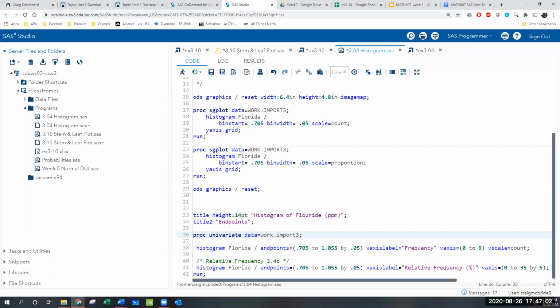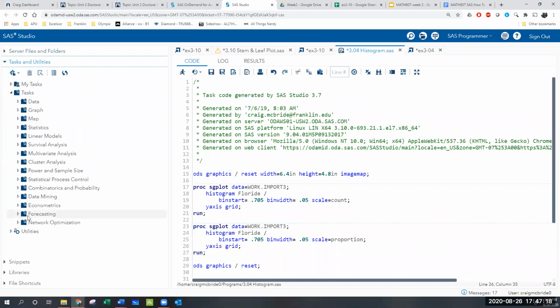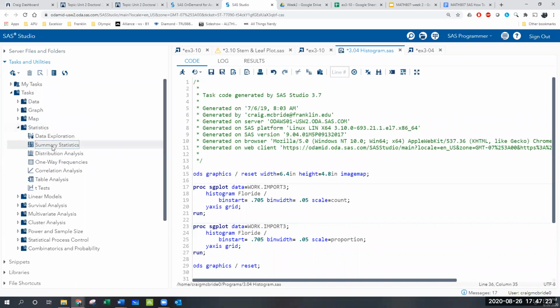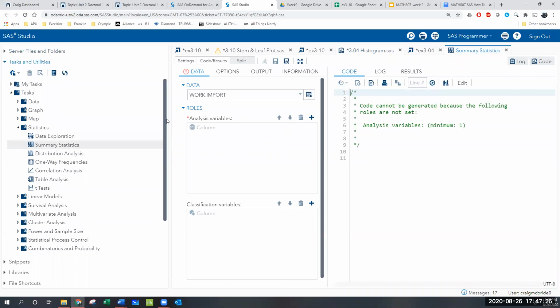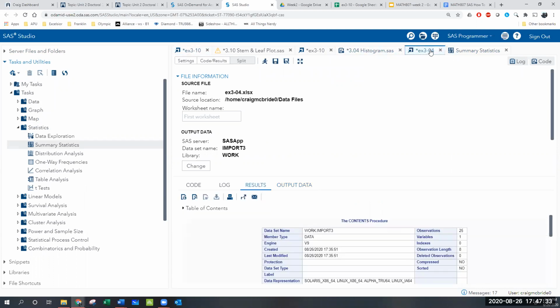So basically on 3-4, dividing the range by 7, did we cover that? Well, dividing the range by 7 is just a simple bit of math. All you've got to do is go into summary statistics. Open up statistics and summary statistics. We want to run it on 3-4, which is import 3.